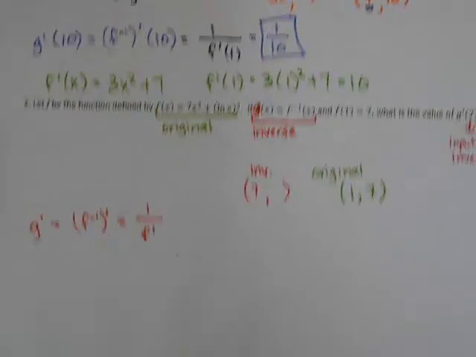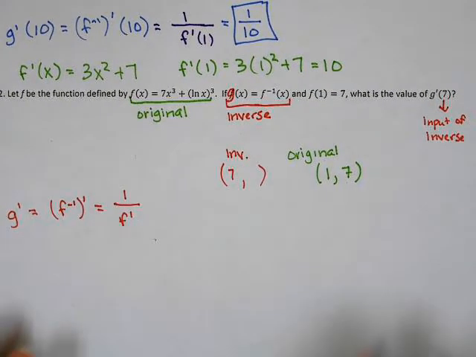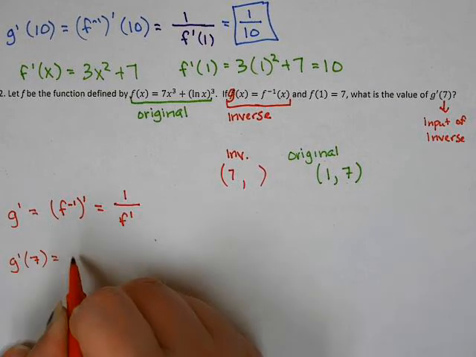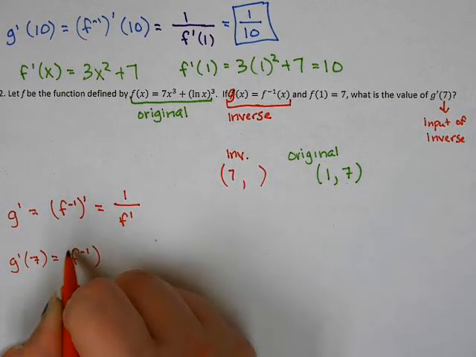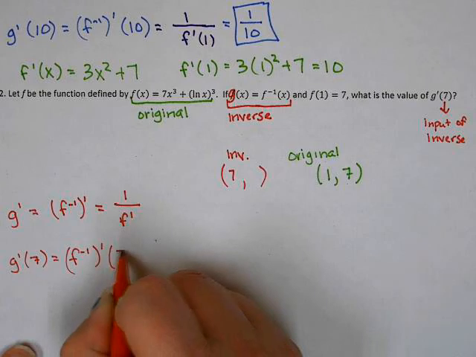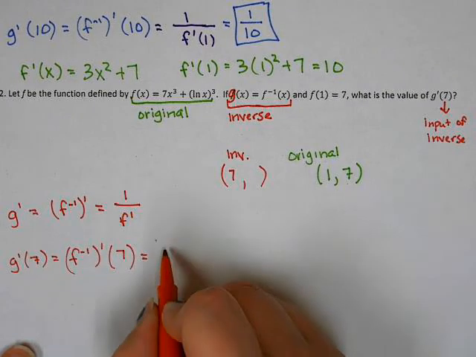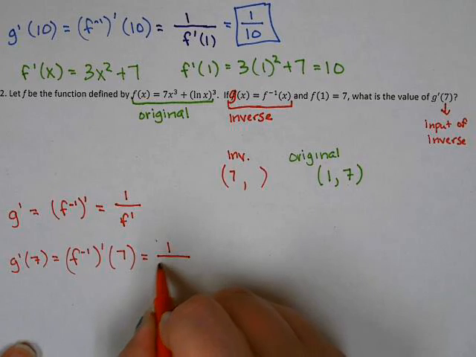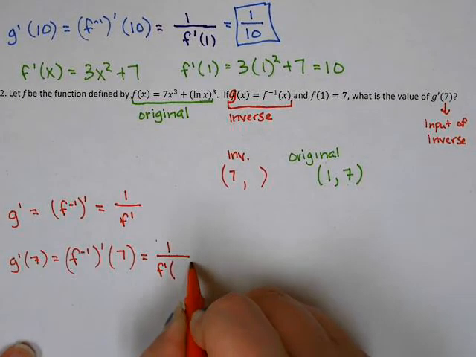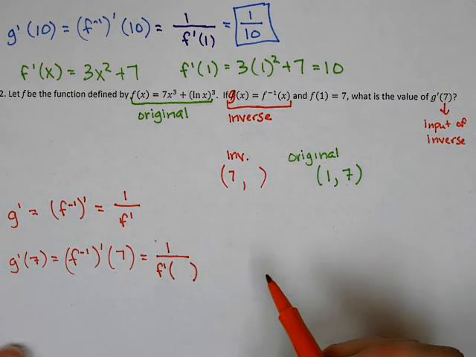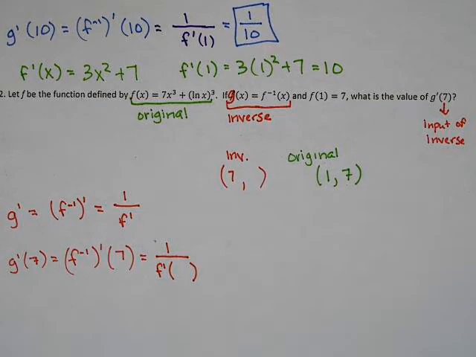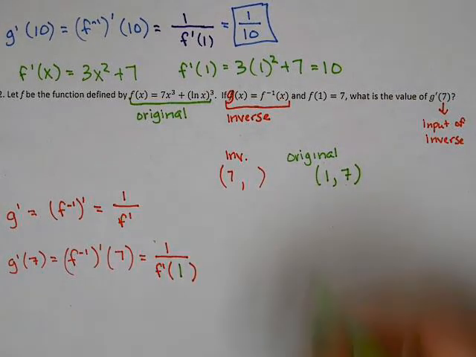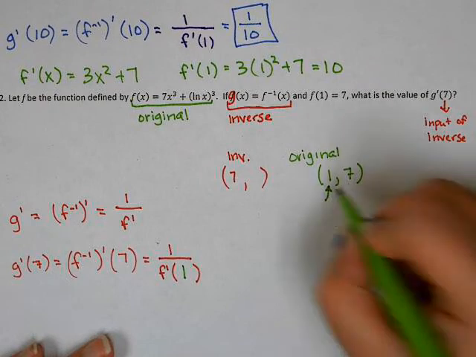Now let's look at this specific case. So g prime of 7 is going to equal the derivative of the inverse at 7, which is going to equal 1 over, we know that we need the derivative of the original function, but that means we need then the input of the original function, which in this case was 1, because that is our value right here.